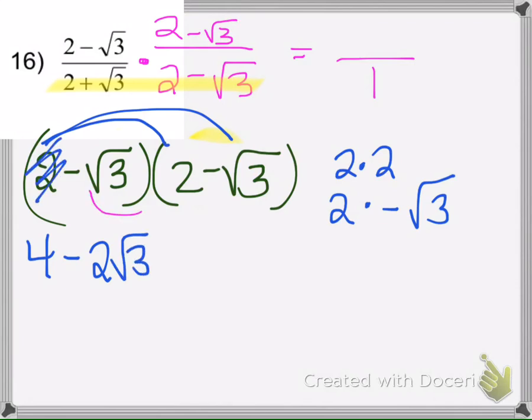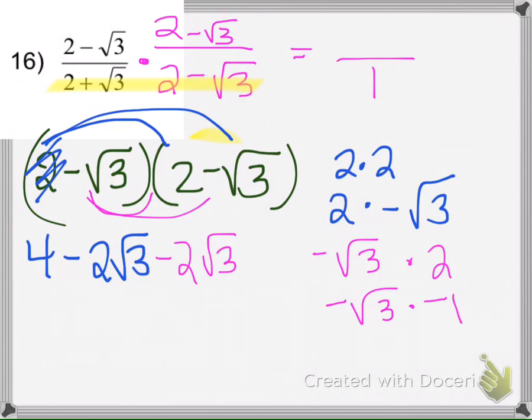So now we have negative rad 3 times 2, which is another negative 2 rad 3. And then we have negative radical 3 times negative radical 3, which a negative times a negative is a positive, and square root of 3 times square root of 3 is square root of 9.